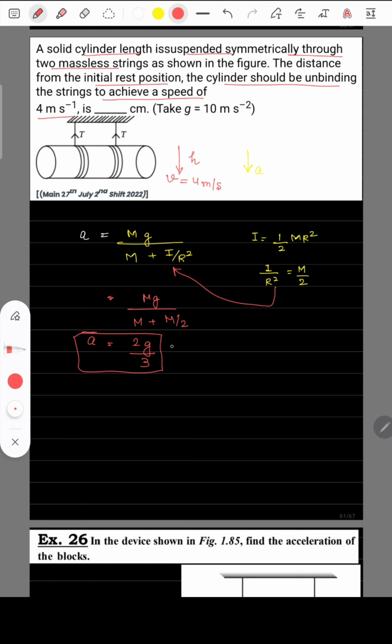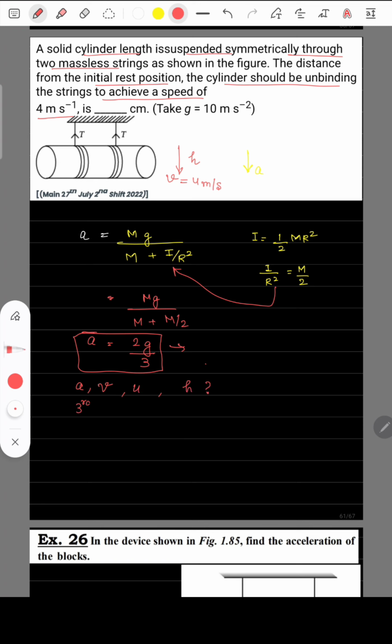Since this acceleration is constant, we can use the equations of motion of uniformly accelerated bodies. Here we know the acceleration, the final velocity, and the initial velocity, and we need to find h.